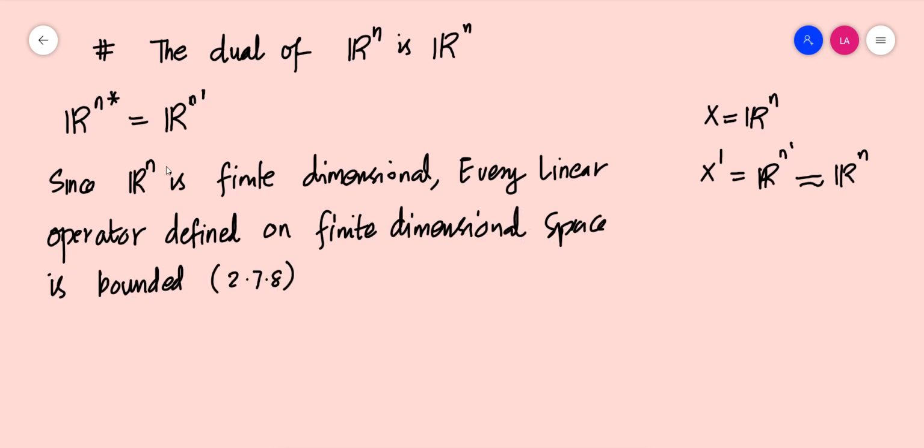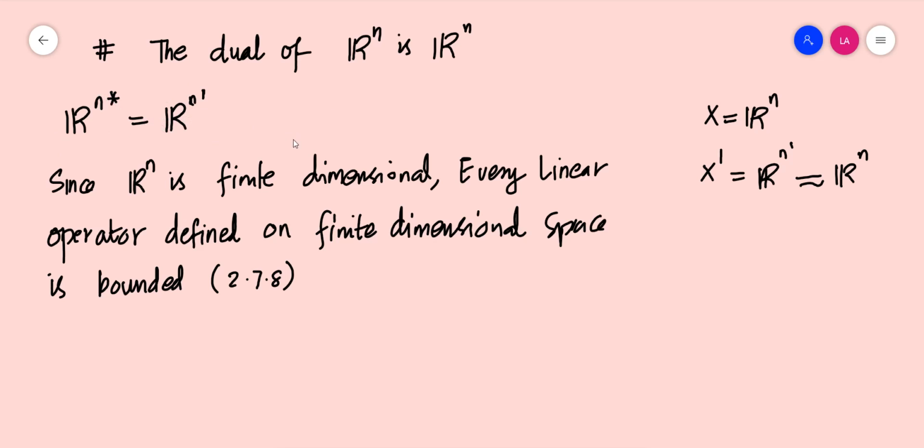Because of this, every linear operator on Rn is bounded. That's why Rn star is equal to Rn dash.